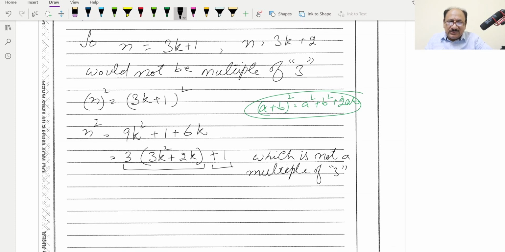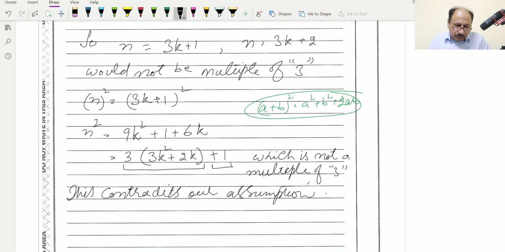So this is the contradiction. This contradicts our assumption. So the contrary will be true.